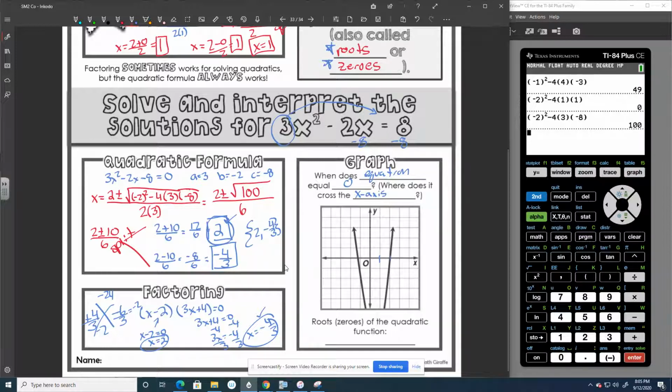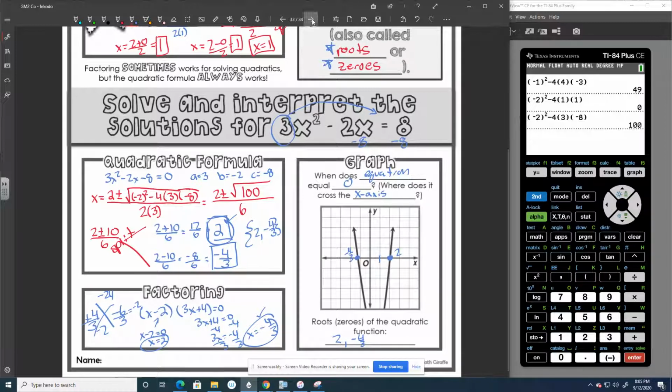So 1, 2, I would say that's correct. And it crosses at negative 4/3, which is a little bit more than negative 1. So that right there looks like negative 4/3 to me. So that's what my graph would look like. And remember, we also call those roots or zeros. So my roots or my zeros would be 2 comma negative 4/3. Those would be my zeros and my roots.